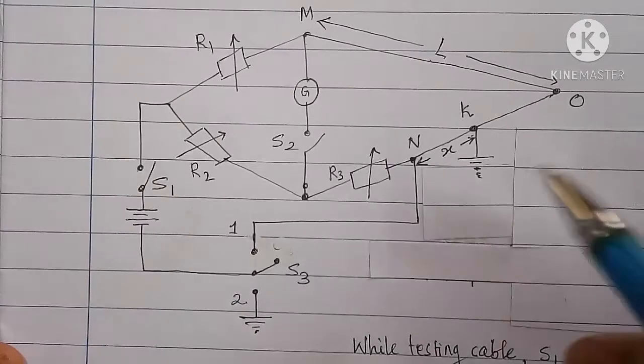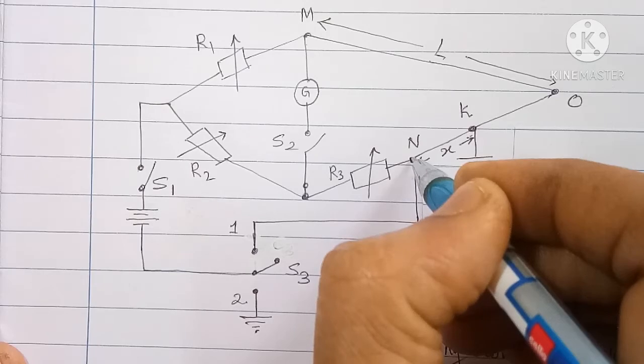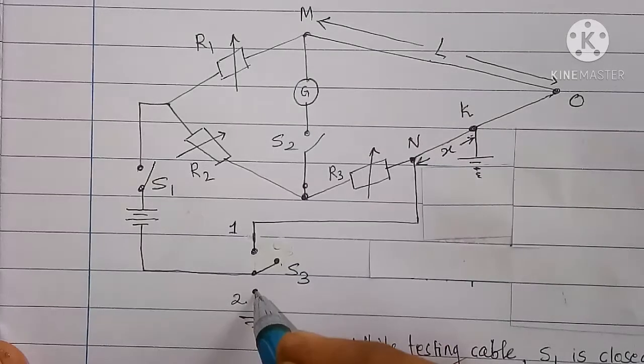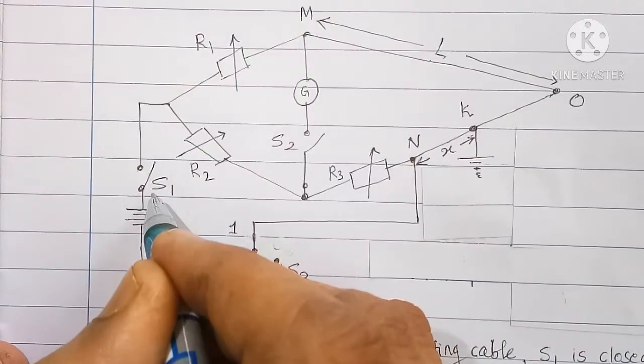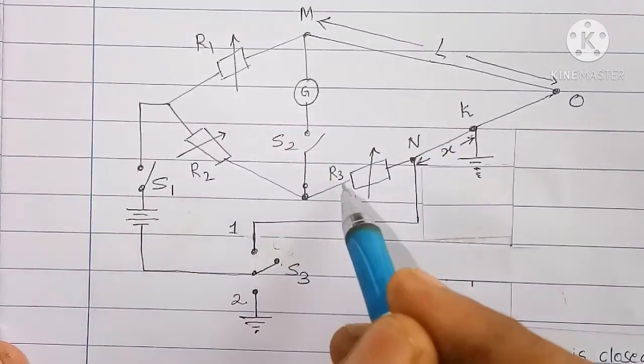While finding the location of fault K from one end of the conductor, that is N, switch S3 will be kept in position 2 with S1 closed, and the bridge will be balanced using R1, R2 and R3.